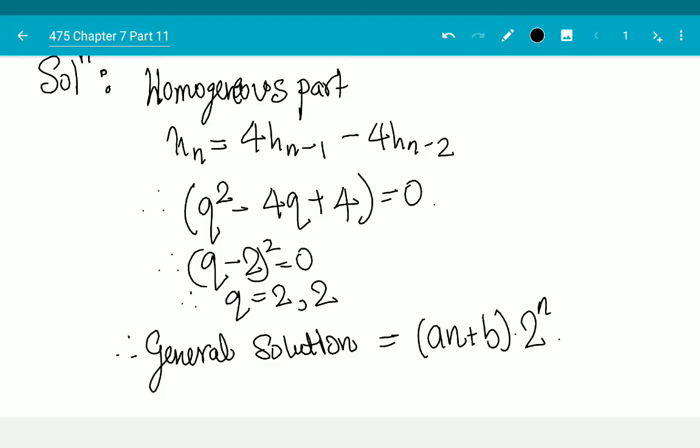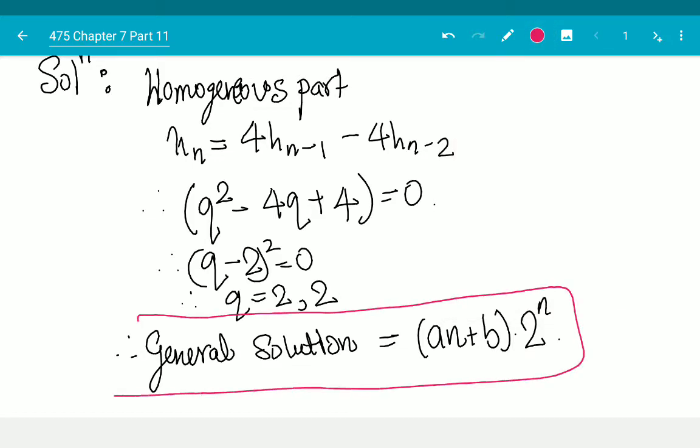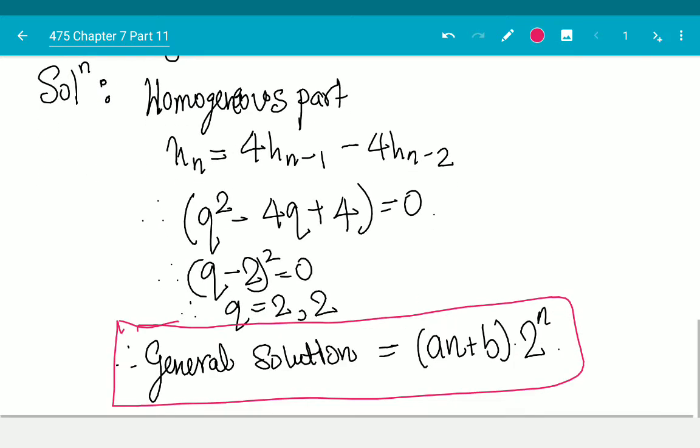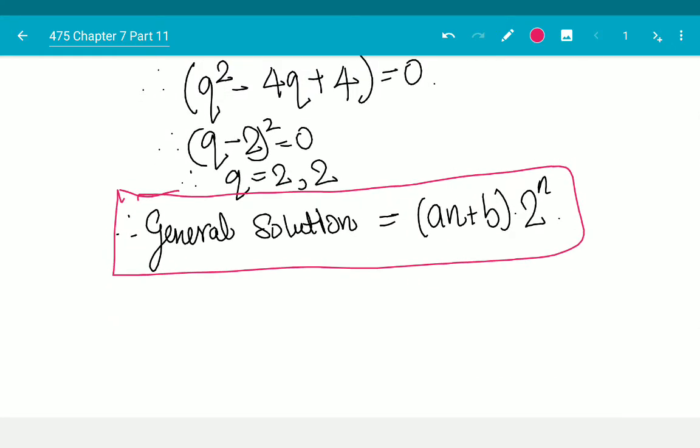So there are two parts to such a non-homogeneous problem: the general solution and the particular solution. We have just found the general solution, which is the solution of the homogeneous part. Now we want a special solution, a particular solution.